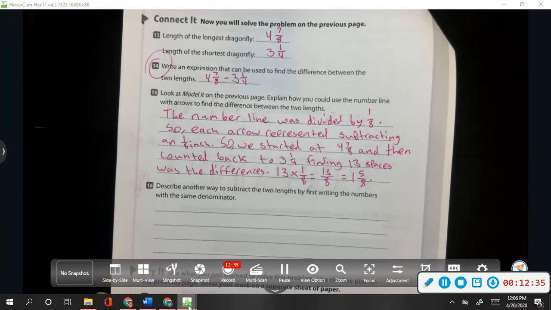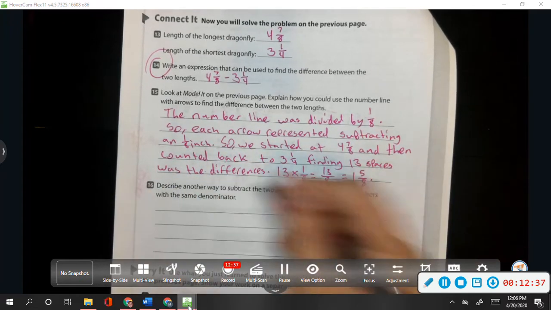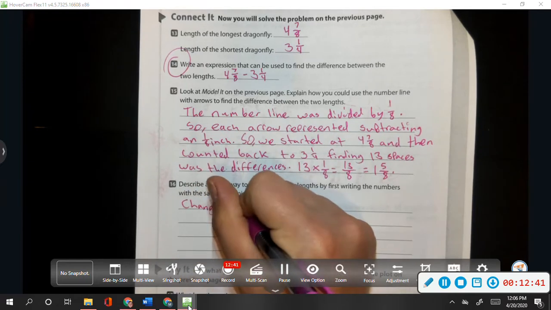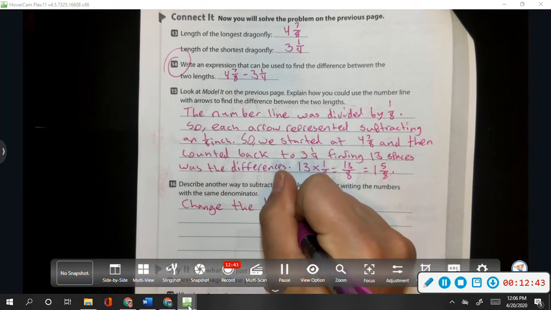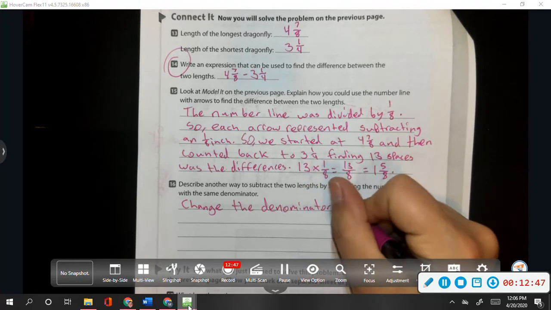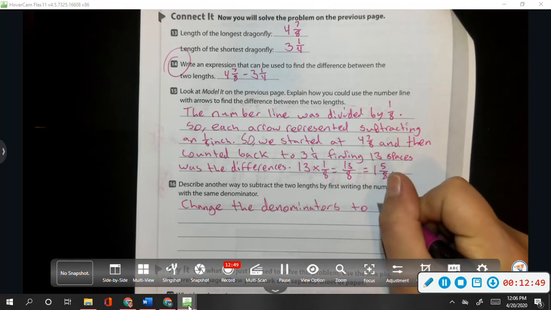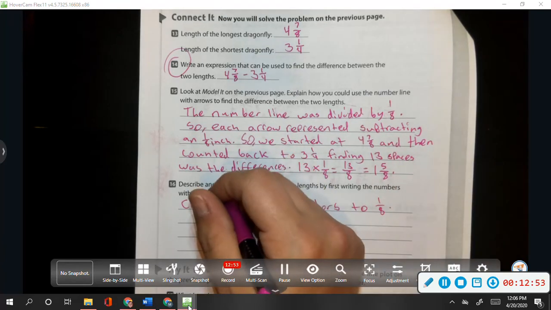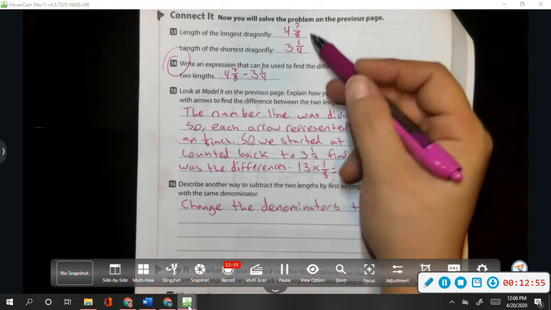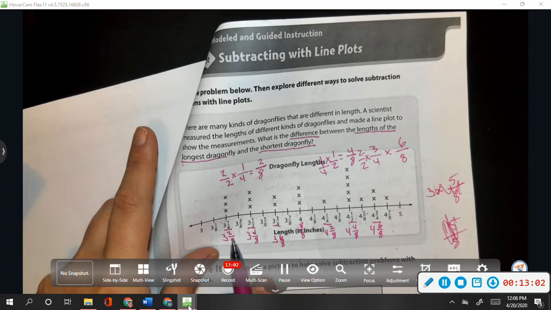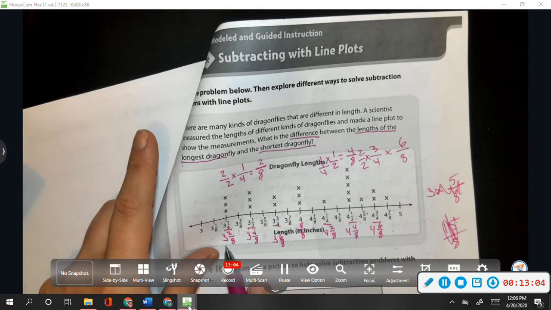And so we will change the denominators to an eighth. And we do this by saying, oh, well, we already did it when we did it over here. 3 1/4 is the same as 3 2/8.